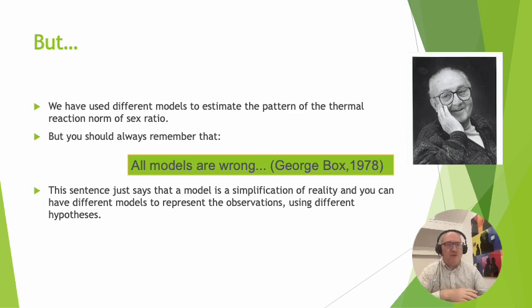Why did George Box say this? He said this because a model is just a simplification of the reality. You can always have different models to represent the observation using different hypotheses, and this is not reality. This is a simplification of the reality.